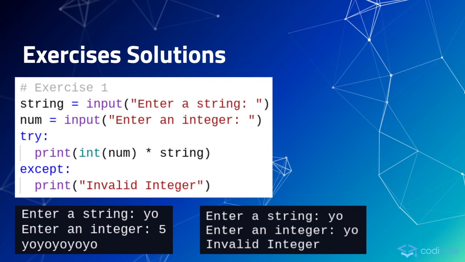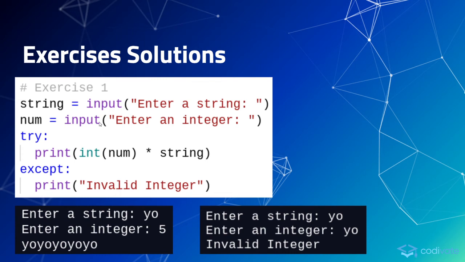All right, now let's go over the solution for exercise 1. This is the one where you have to print the string integer times, and the string and the integer were both user inputs. So here, we're just making variables to store the user input in the first 2 lines. And in the second one, we try to print the int of the num. Remember, we have to use typecasting because user input is always seen as a string.